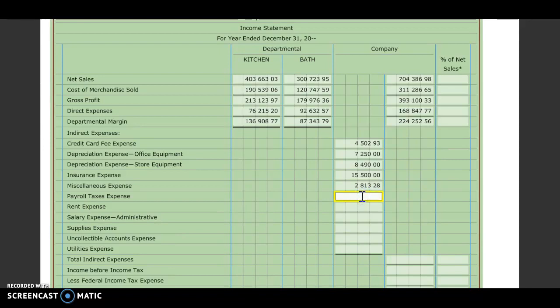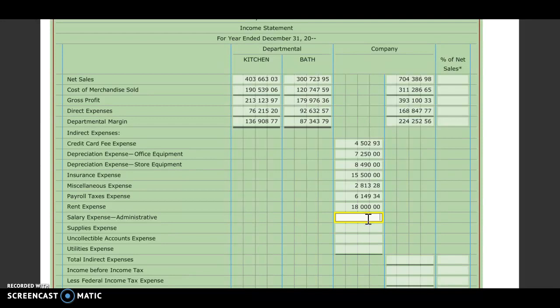Payroll taxes expense, if we look, we don't have just a payroll taxes expense on our adjusted trial balance. It is labeled as administrative. It should have been labeled as administrative on this one as well. So that's the number that we are using, $6,149.34. Okay, rent expense is $18,000.